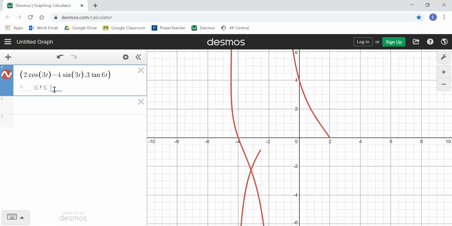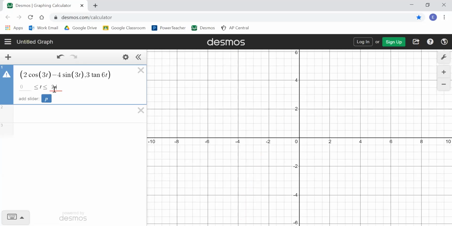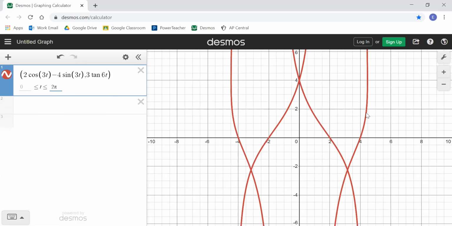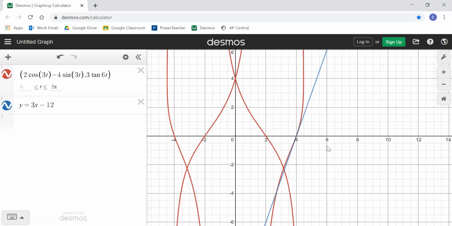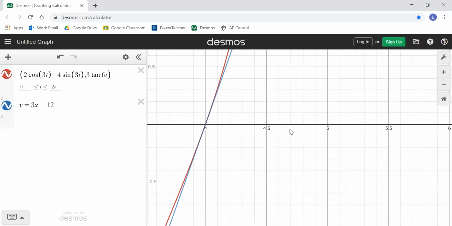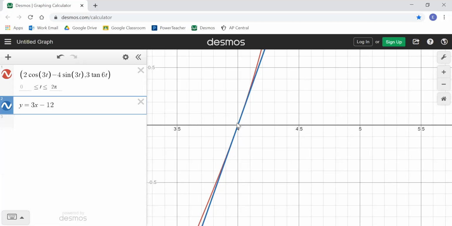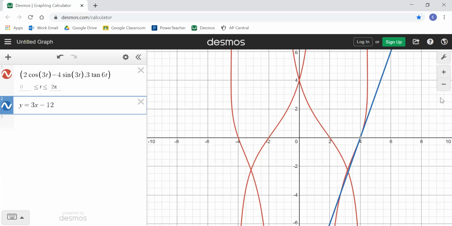And we'll go from 0 to 2 pi, we got something that looks a little bit like this. And our equation that we got was y equals 3x minus 12, if you just distribute that out. So if we go in at 4, 0, it's definitely tangent here at 4, 0, right? Our linear piece is staying to the right of our curved tangent piece. Everybody good with that or no? Any issues? You're all good?